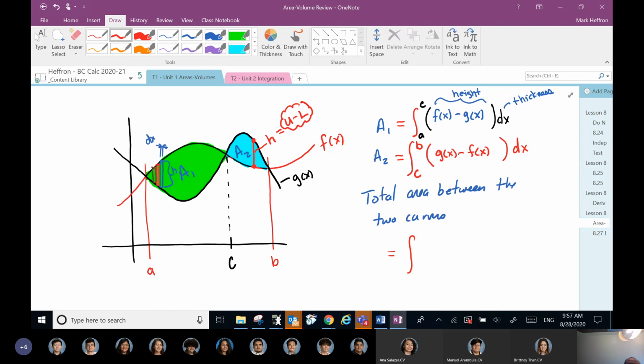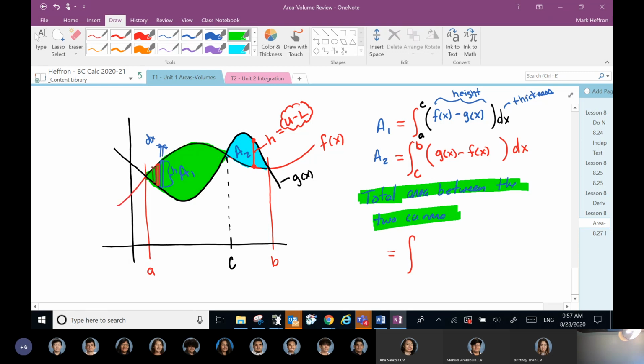Giovanna, what would be this last question, the total area between the two curves? How would I deal with that? Wouldn't we add both areas, both the integrals? We would. We would essentially have two integrals, right?